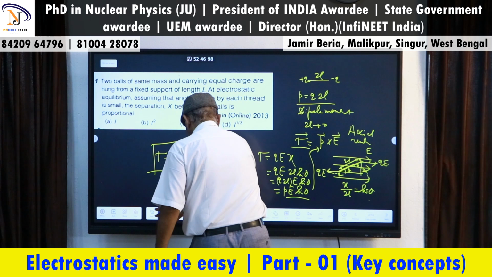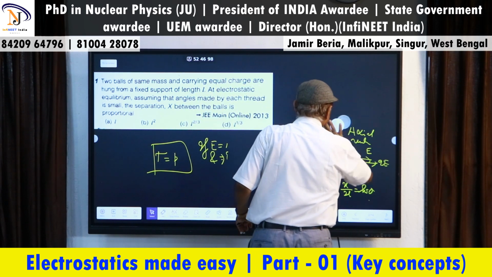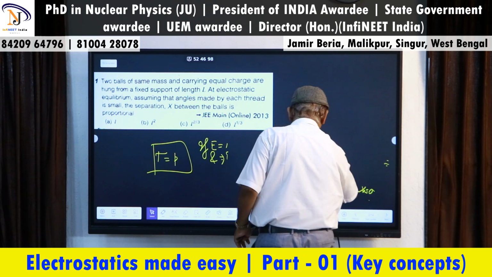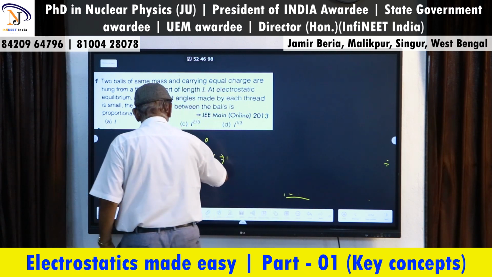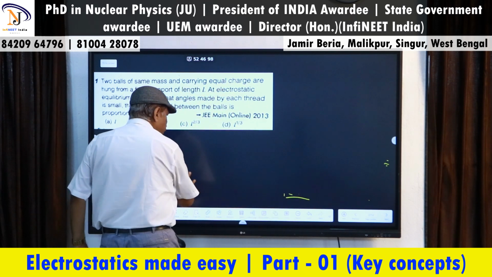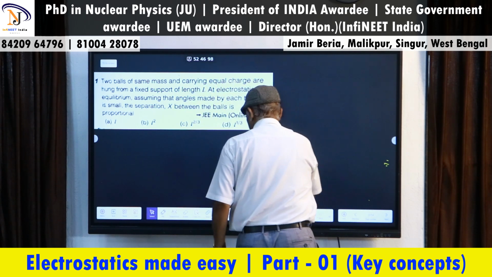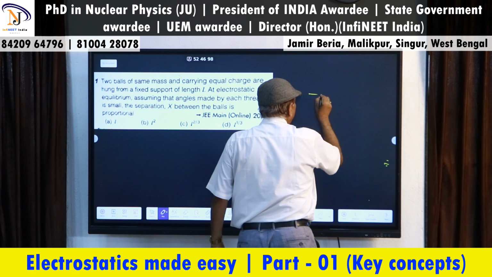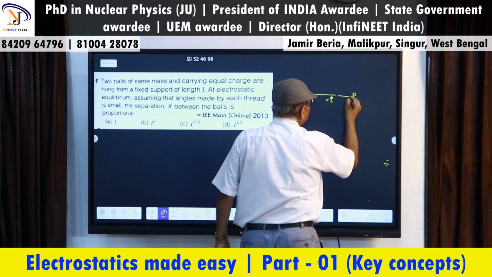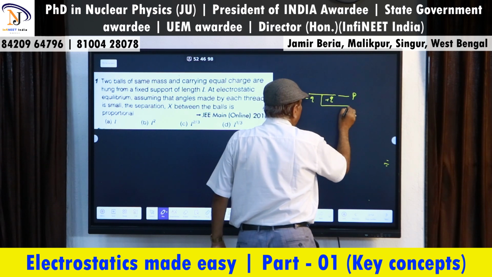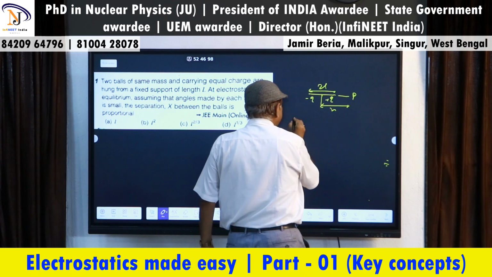Now you see what I can write here. It is very easy to understand. Now let me describe the end-on position and the broadside-on position. Suppose it is the end-on position. Suppose a dipole, this is plus q and this is minus q, and in the end-on position, if the distance is R and this is 2L, then what can you write?